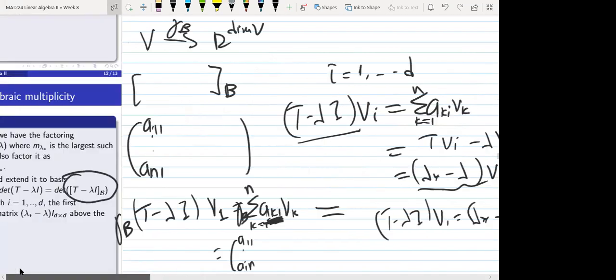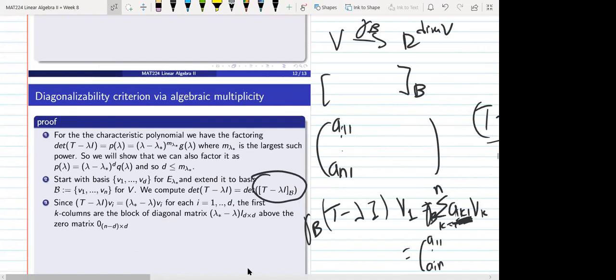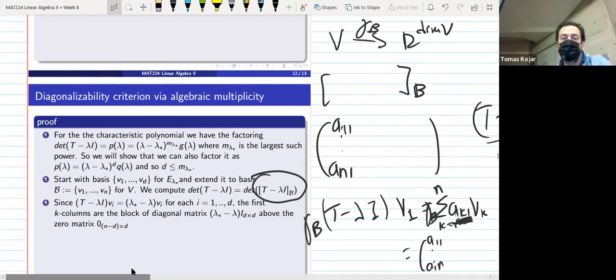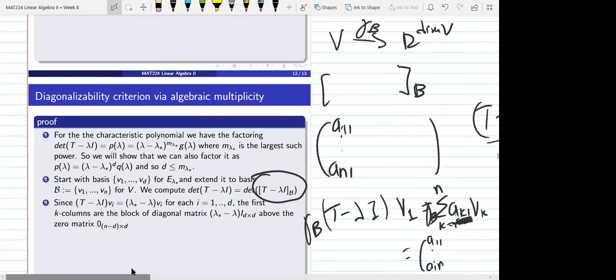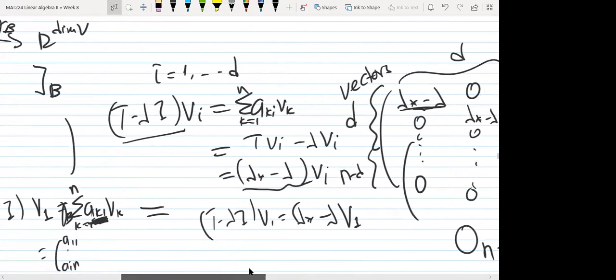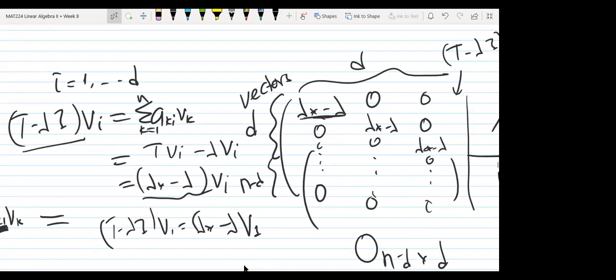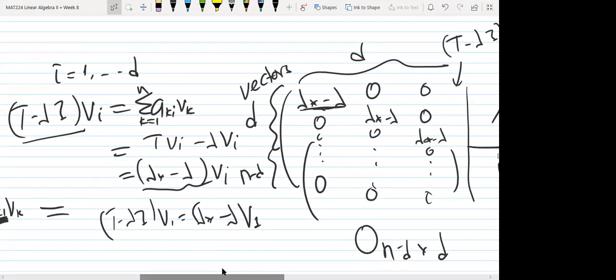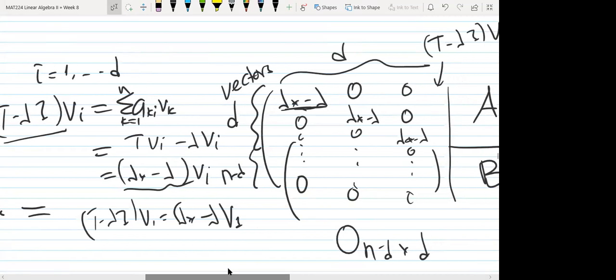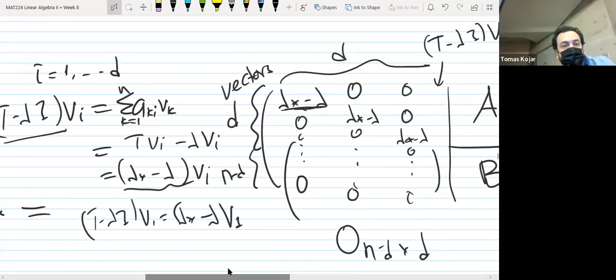You can let me know. I'm still a bit confused, if you can hear me. Yeah, I can hear you. What are you confused on? How we got the columns, how it's always lambda star minus lambda and zeros around them. Yeah. So V1 is an eigenvector, right?